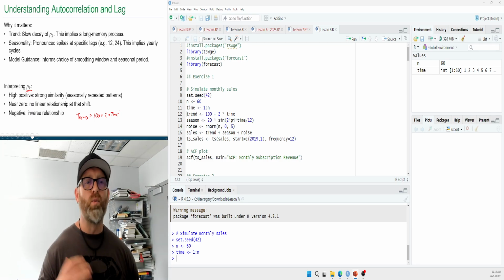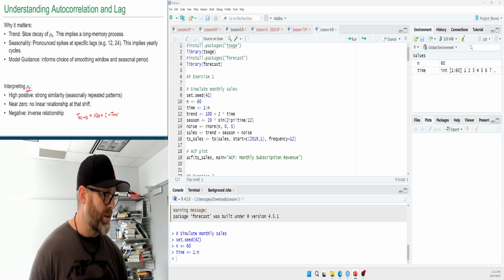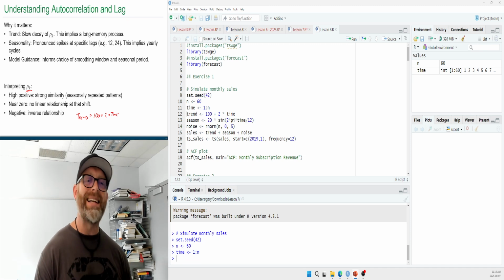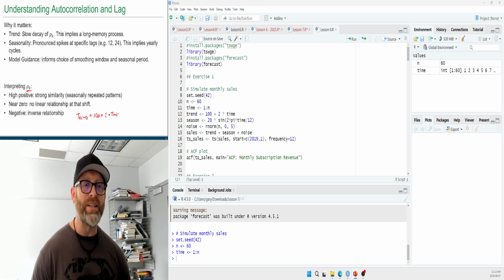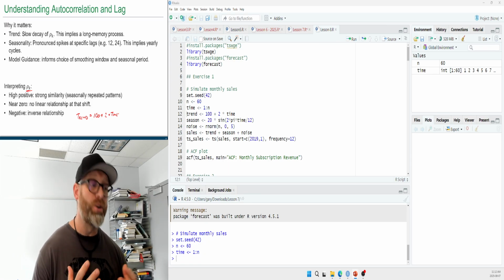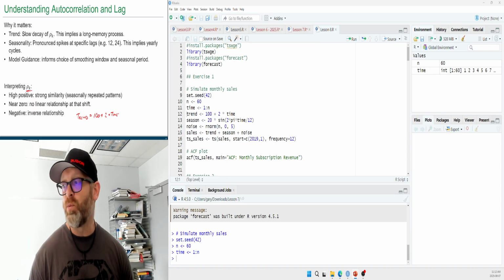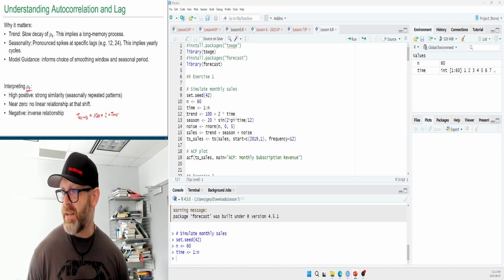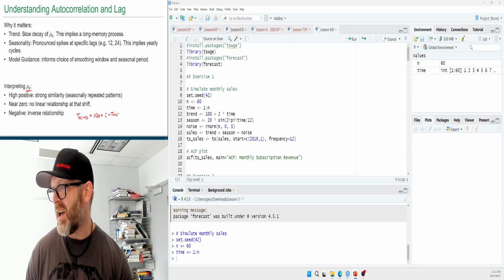So it's time marker 1, time marker 2, all the way up to time marker 60. I'm just taking 2 times that, adding it to 100, and this is going to build my trend. So we see from this that the slope is 2, it's positive, it's increasing, and the intercept is at 100. So I build my time, which again I am doing on line 12 here.